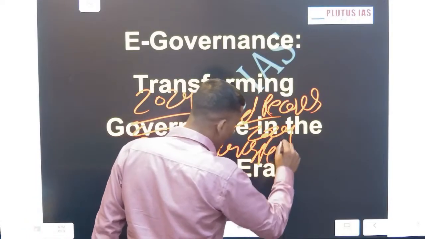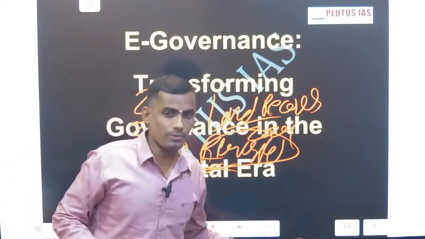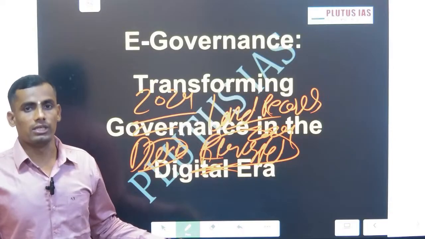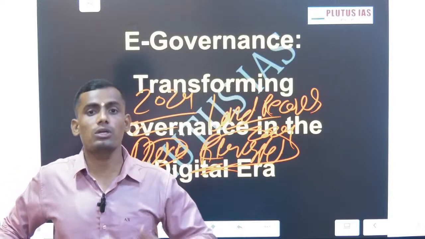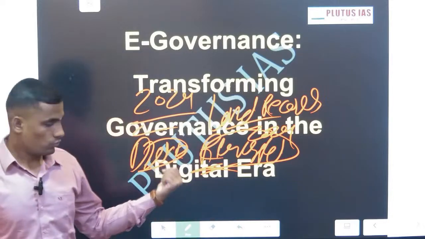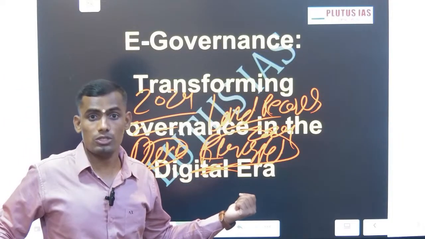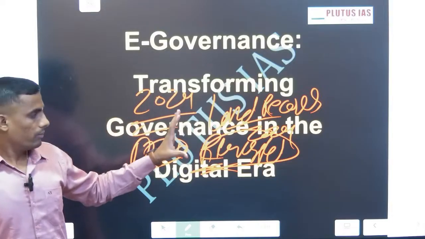Why did UPSC ask these questions? Because these schemes have been implemented and upgraded by the use of ICT. How is the government using the tools of ICT to improve service delivery? These two, Rashtriya Gokul Mission is 2025, then Sahaj Bijli Ghar Yojana. All these questions have some relevance to e-governance.